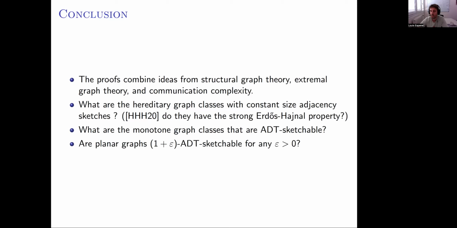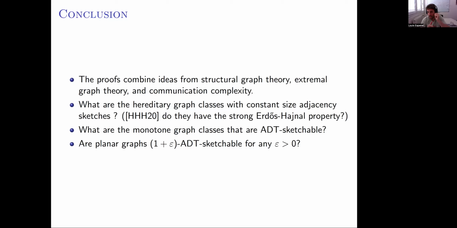And one thing we haven't done either is optimize the factor alpha in the definition of approximate distance threshold sketching. Maybe in a certain number of cases, we could really take alpha to be very close to 1. For instance, it might be the case that planar graphs are 1 plus epsilon ADT sketchable for any epsilon.